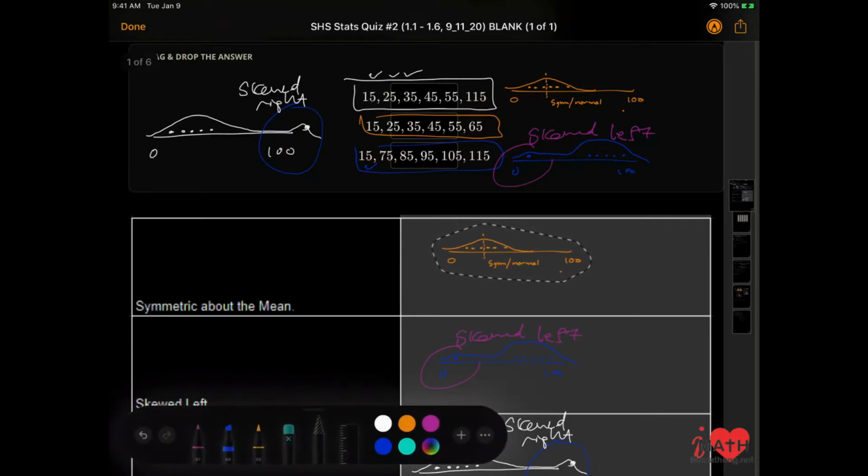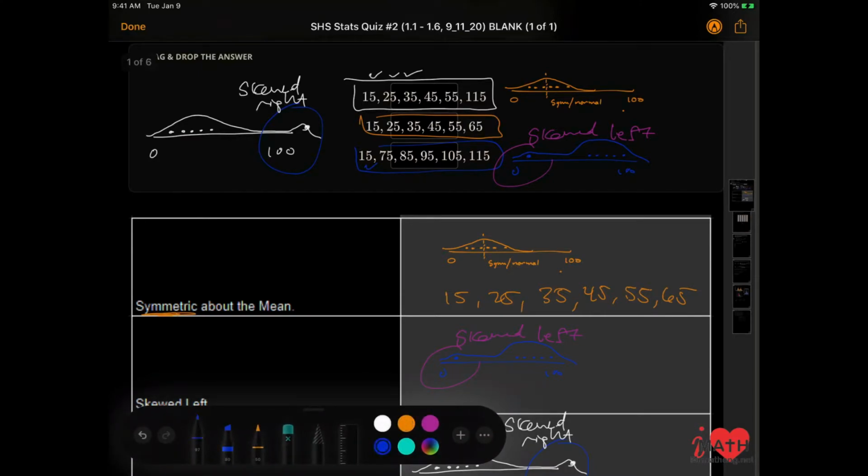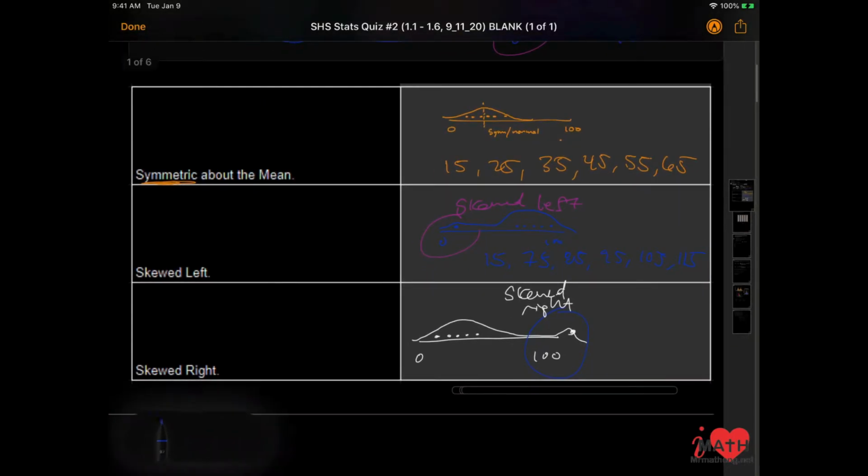And of course, your options were more the numbers. So just quickly here, just write out all the numbers. Notice all those numbers are around the same. They're all below 70. Skewed left: you'll notice that 15 is on the far left of the number line.